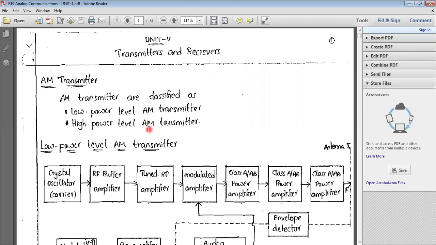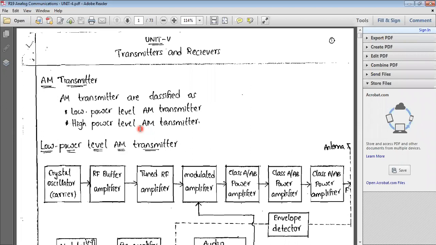First the signal is amplified with the help of an amplifier. After that, the signal is modulated. With the help of the amplifier, the signal power increases, and after increasing the power, we do the modulation. In that situation, we call it high power level.